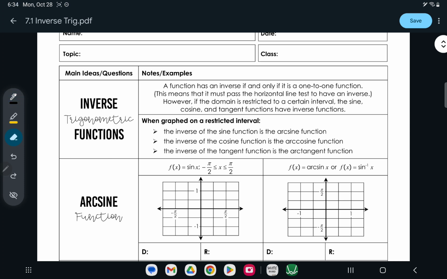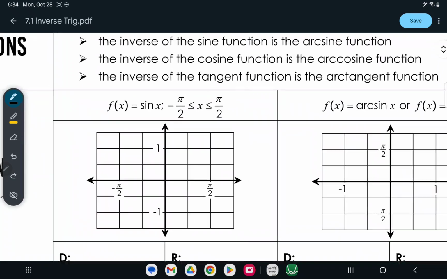So let's look at graphing the original functions, and then to get all the inverses you switch the inputs and outputs. So sine starts at 0, 0. At negative pi over 2, sine is negative 1.